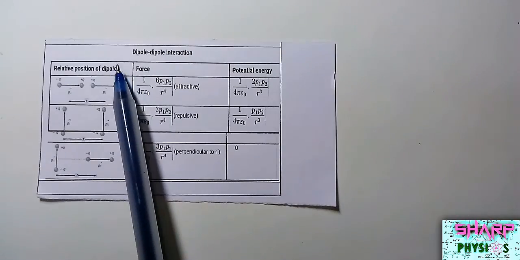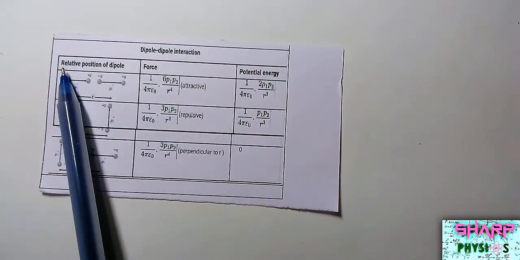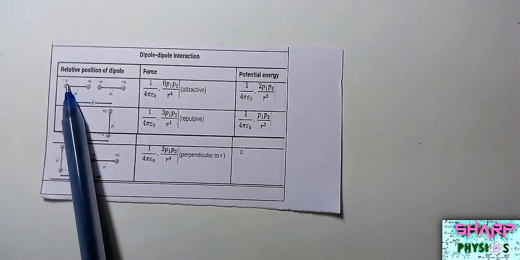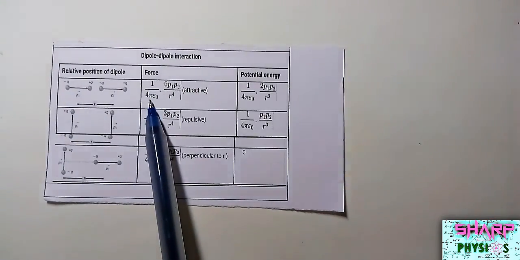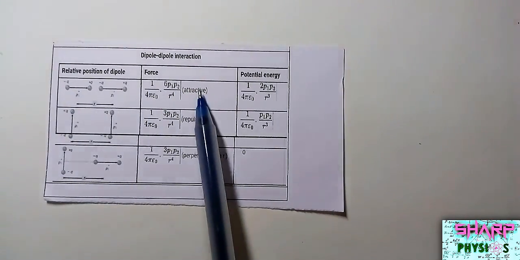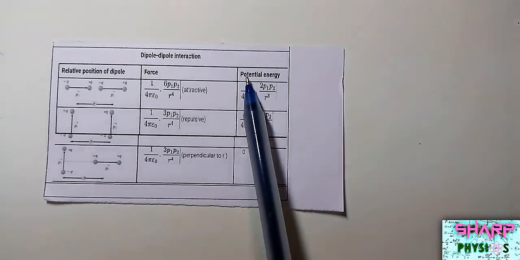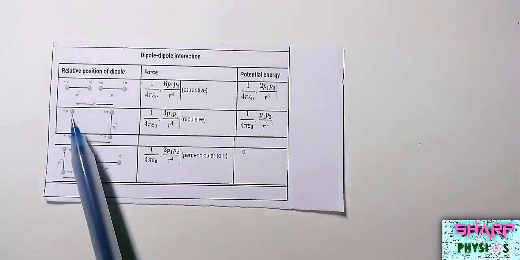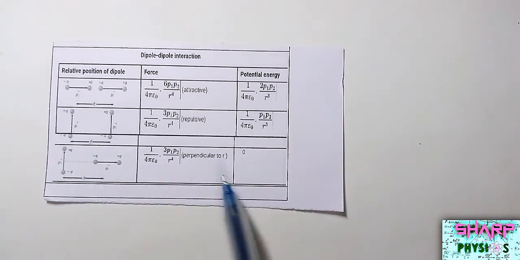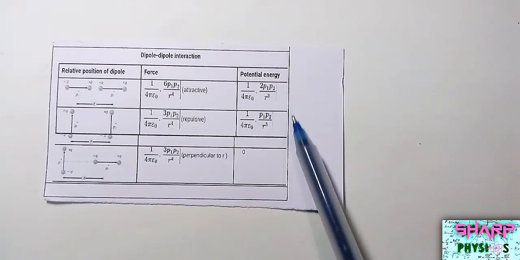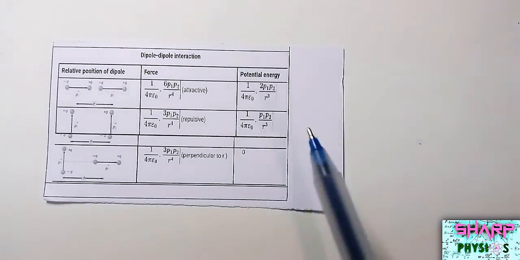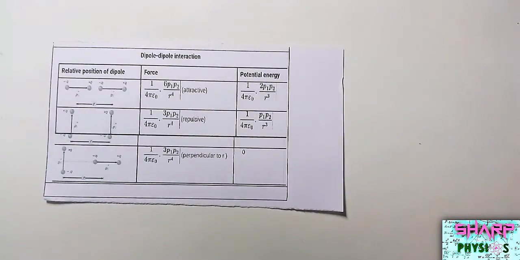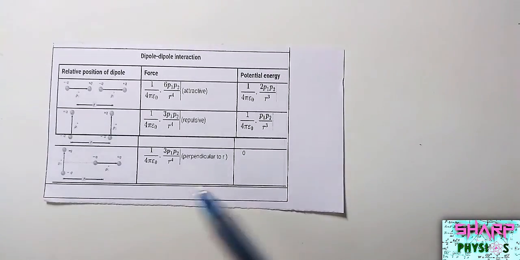You can also see the dipole interactions for the relative positions of the dipoles, the force being attractive or repulsive, and the potential energy. It will be easy for you as a final reference, so go through all the problems and use this tabular column.